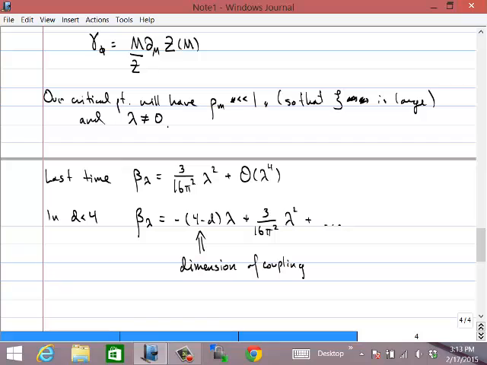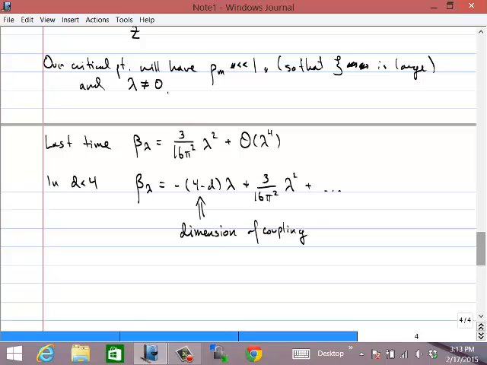So remember, the beta function is defined to be the change of the coupling constant with energy. If lambda has dimension 4 minus d, well, that's reflected in that first term in the beta function.